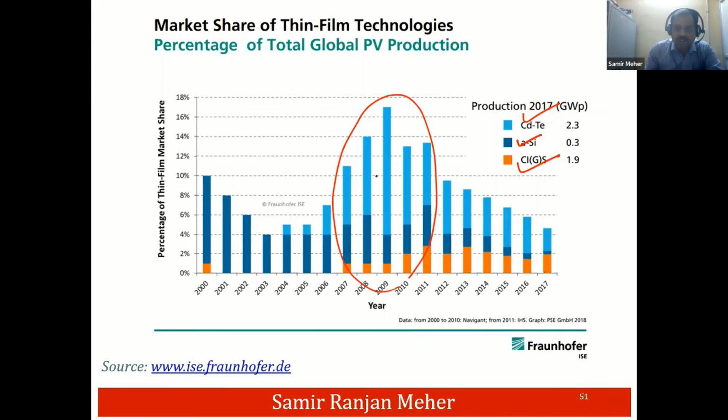So we have to get rid of the cadmium telluride based solar cells, and CIGS based solar cells are not that cost effective because of the involvement of indium, and for amorphous silicon, there are some stability issues. So there is a challenge to go for alternatives beyond this conventional thin film based solar cell.